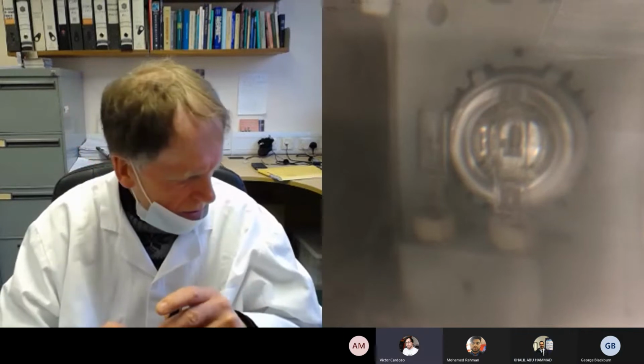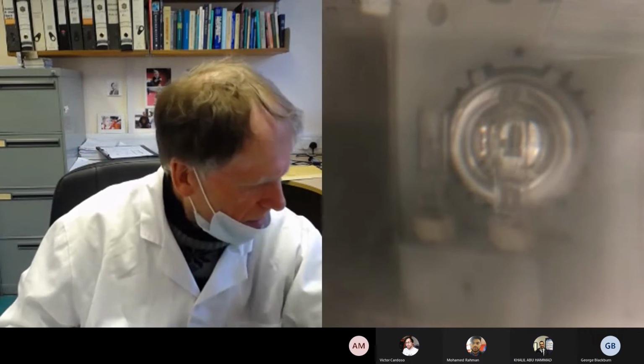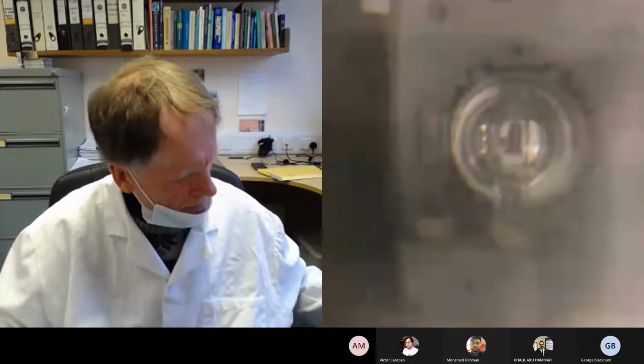The extinction coefficient is 660 mils per gram per centimeter.